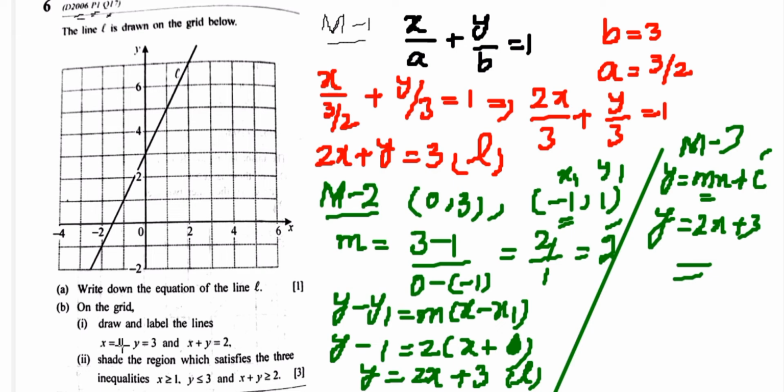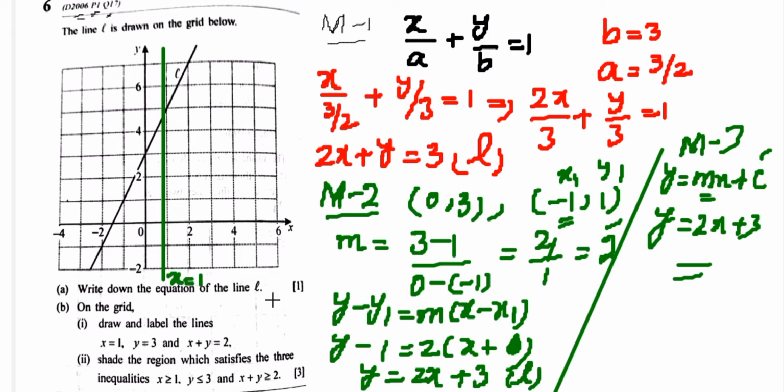This is a vertical line. My dear student, this is your x is equal to 1 line. This green line represents x is equal to 1. You can adjust this. This is x is equal to 1.